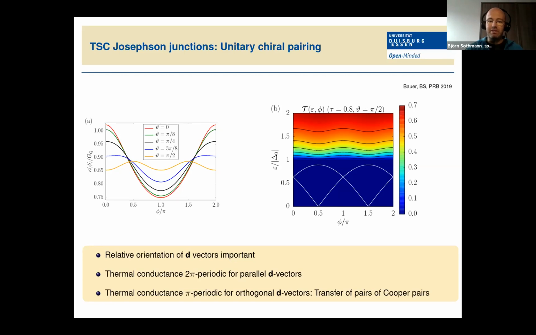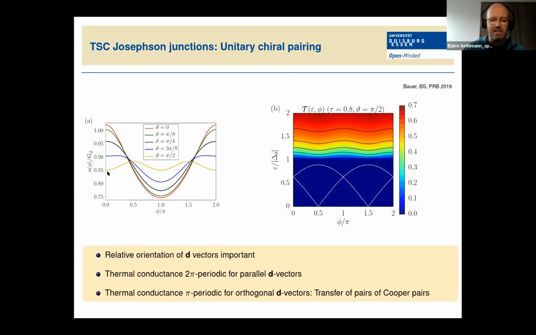And we see that there's no way of transferring a single Cooper pair and conserving spin at the same time. This is only possible if we coherently transfer two Cooper pairs from one side to the other. So we transfer a charge of 4e, and therefore we expect our transport properties to be pi periodic. And that's indeed what you see here.